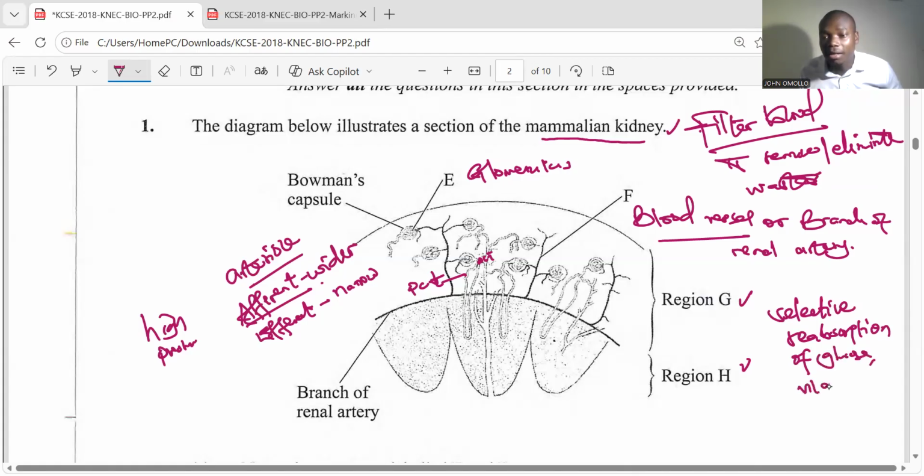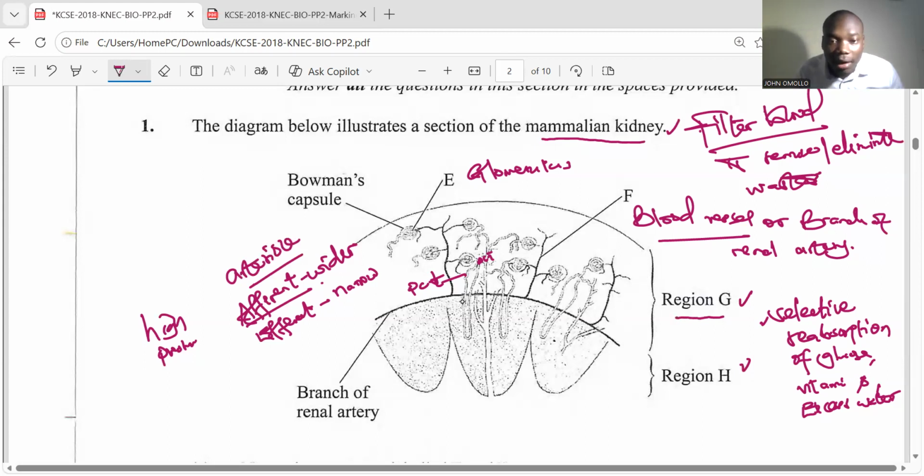Another one is vitamins and even excess water that needs to be reabsorbed. So that is what is going to take place at the proximal convoluted tubule and distal convoluted tubule. So those two things are going to happen in region G.